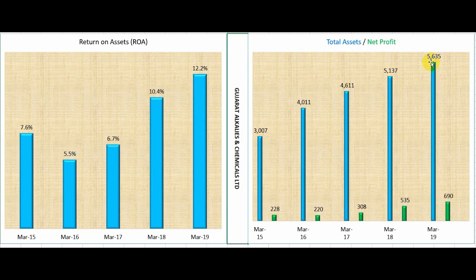Or we can even consider all assets of the company in this case, because the total of the balance sheet on both the asset and the liability side is the same. So whether we take the asset side or the liability side, the total is 5,635 crores in March 19, on which it managed to earn a profit of 690 crores. That's a 12.2% return on total assets of the company.